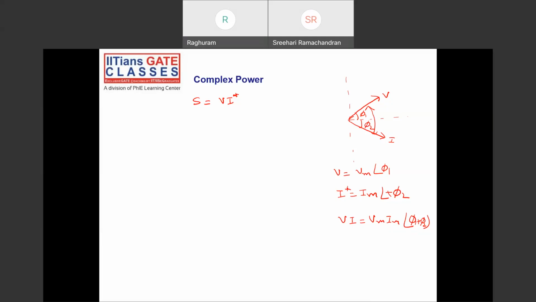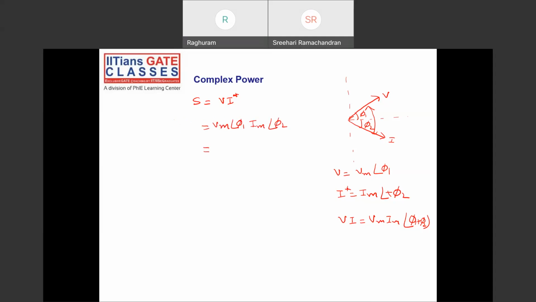V into I conjugate is your complex power. I can write it something like this. V is equal to Vm at an angle phi 1, I is Im at an angle phi 2.